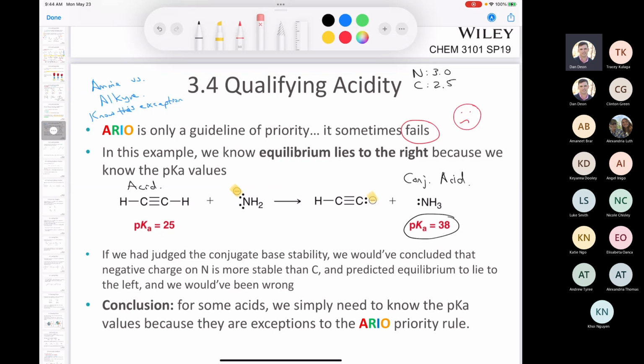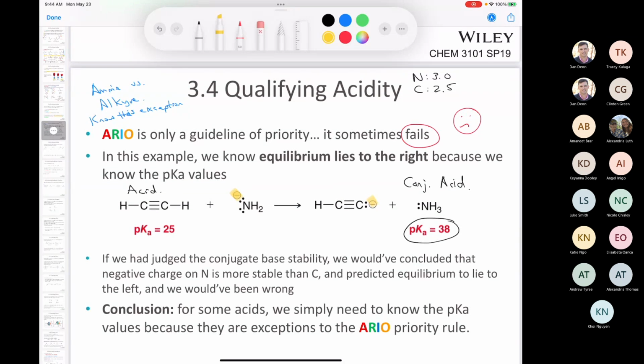All right. And so what's our conclusion? It says for some acids, there's no way around it. You just need to know the pKa values because there are exceptions to the ARIO priority rule. ARIO can get you out of a bind. I'm never going to ask you to apply ARIO when it won't work.